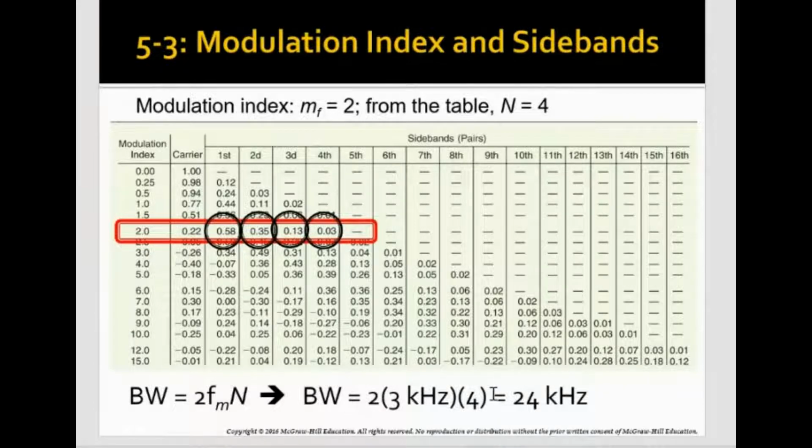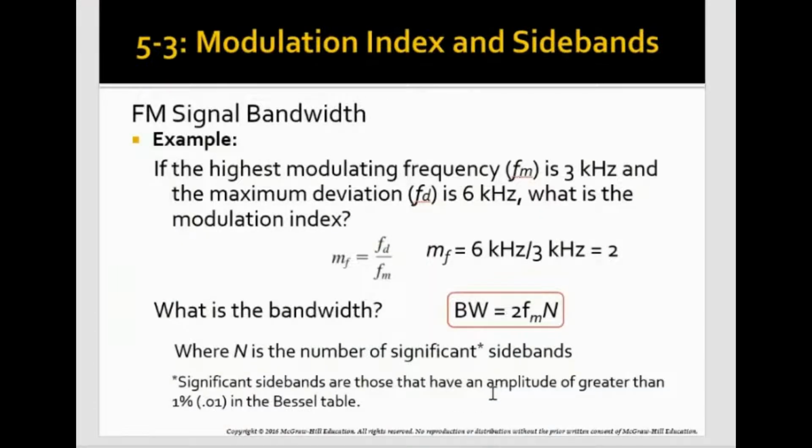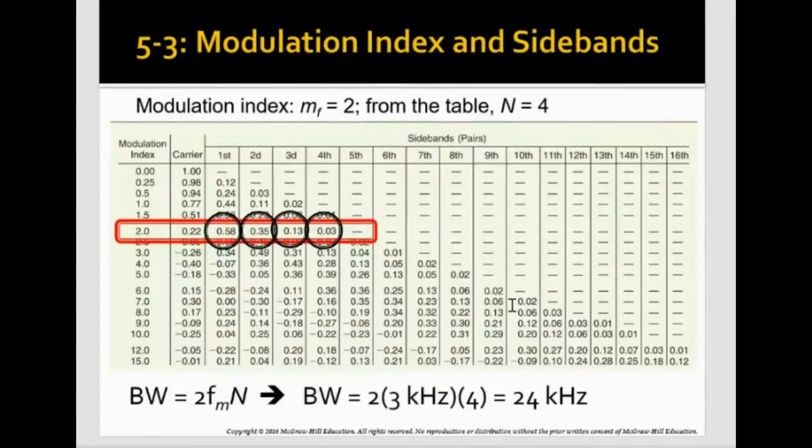If this was AM and the maximum frequency of the modulating signal was 3 kilohertz, we only needed 6 kilohertz of bandwidth, but here we need 24.